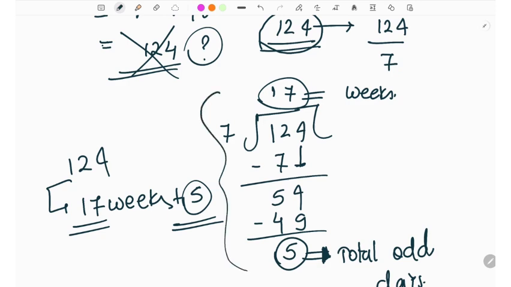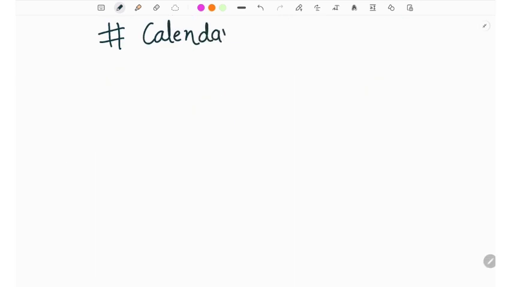Now using this particular concept of remainder, dividend, divisor and quotient, we are going to solve all the questions. If you don't know what remainder, dividend, divisor and quotient are, there was one famous formula in our school time: dividend is equal to divisor into quotient plus remainder. Please go through this concept and the codes required for it.